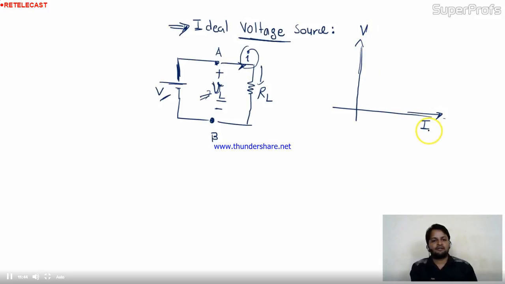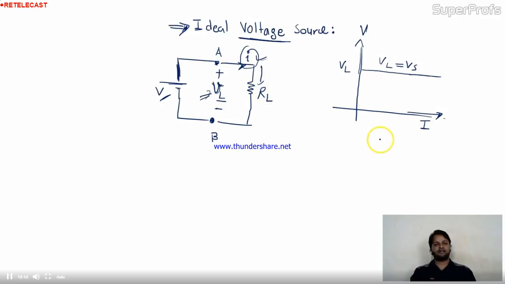Now what I am saying, whatever current you will fetch, the value of VL will not change, and VL will be always VS, source voltage, like this. This is the ideal voltage source. They are saying whatever current will be taken out from the source, the voltage of the source will be constant. This is the ideal voltage source.